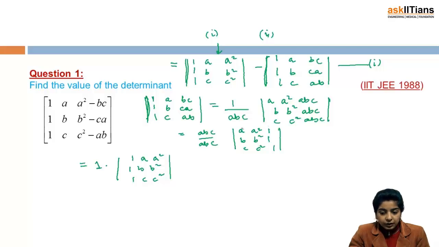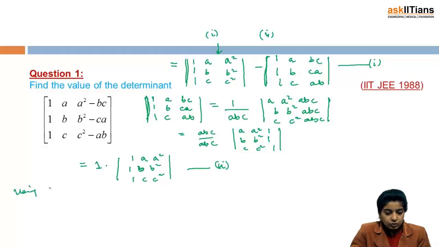Then 1, 1, 1 here and ABC here. Then I'll interchange these two columns again to get ABC here and A square, B square, C square here. So finally I get this determinant, which is equation 2.